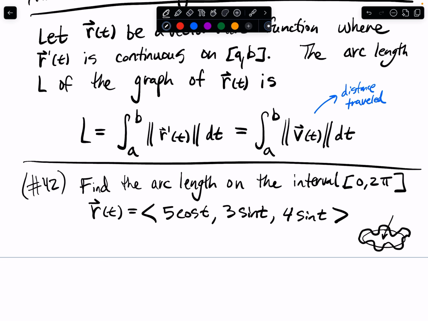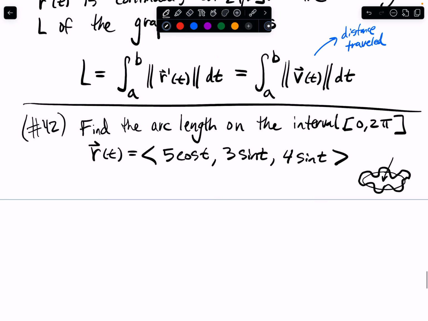Okay. So what do we need? Well, we need the derivative. So let's go ahead and calculate the derivative first. The derivative of cosine is negative sine, so negative 5 sine t, and then the derivative of sine is cosine, so that's 3 cosine t, and then this is 4 cosine t.